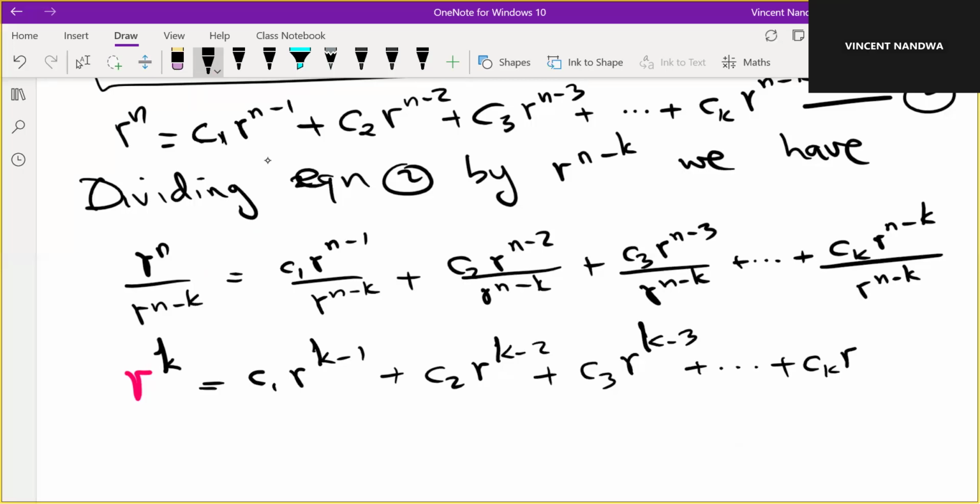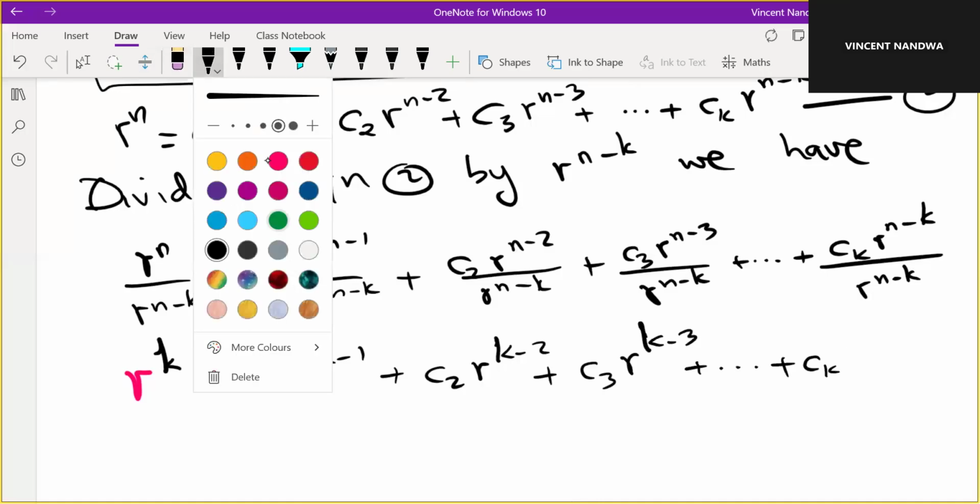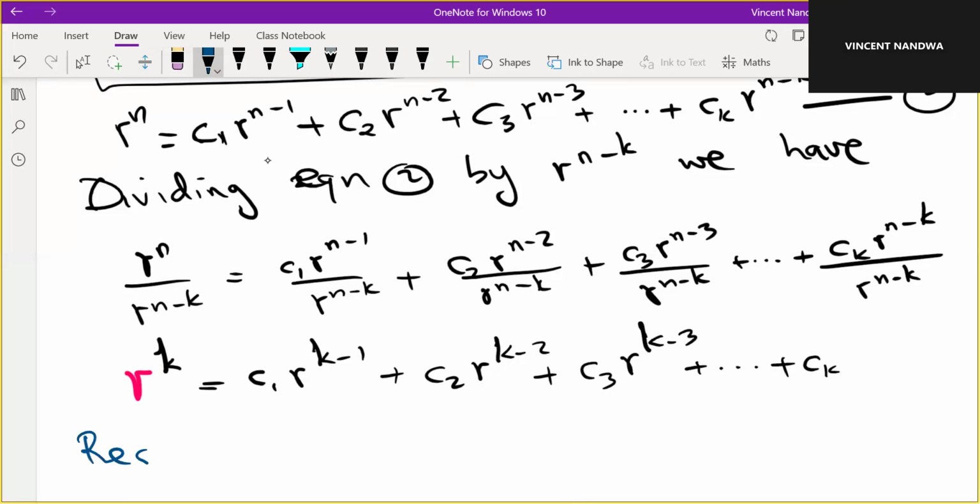What will be the new power of r? It is simply zero, so that will just have Ck.